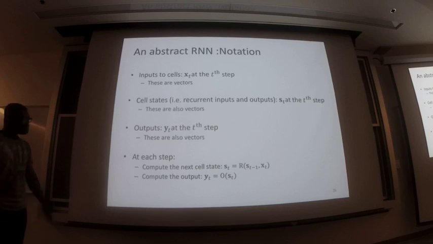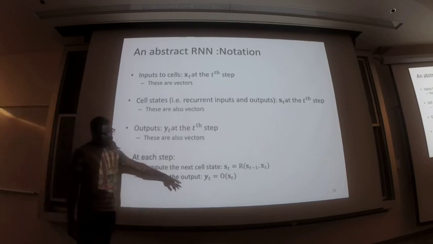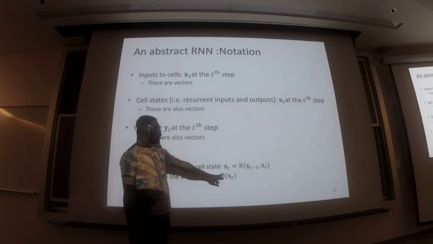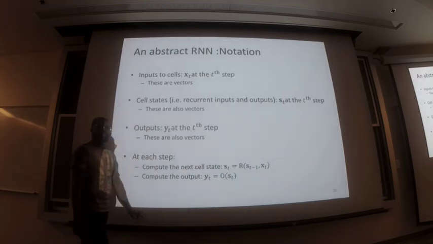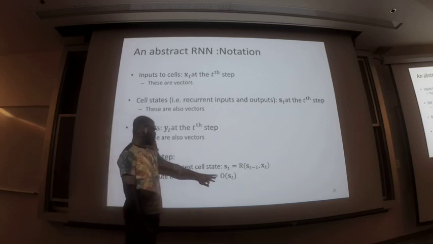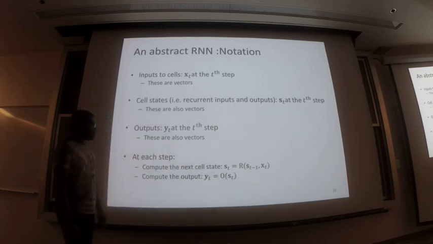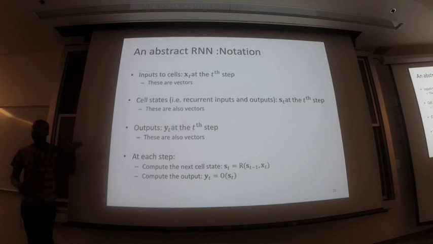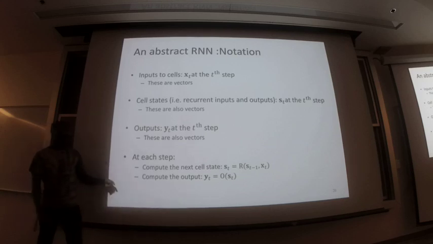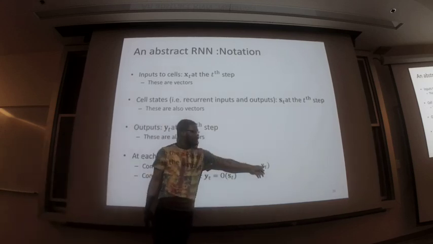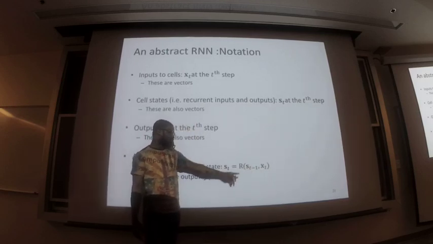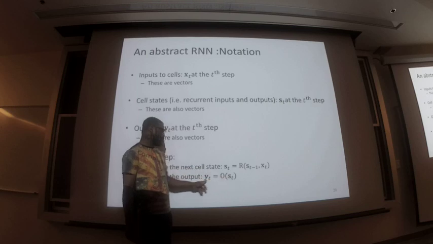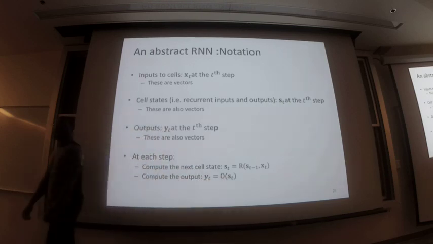Okay. And to compute our output, we use this O function, which depends on your current cell state. So at each step, that's what we'll be doing. We use these two things to compute this from our recurrent function, and then we use that to compute your output. Right?